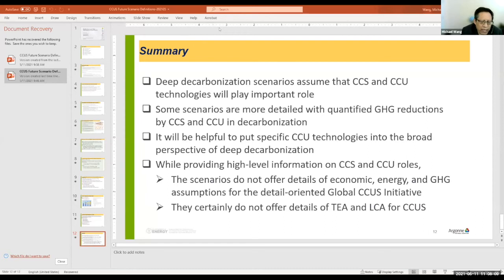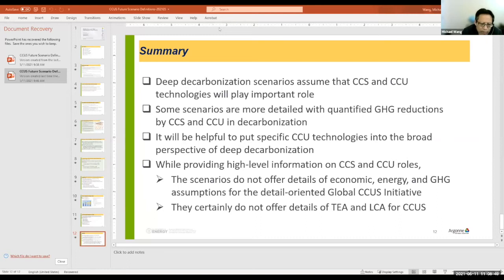But on the other hand, if we look at some of the IPCC scenarios and even the shale scenario, it has a very high penetration of renewable energy. So let's say in the future, if we're going to move into a significant share of renewable energy supply, and fossil energy supply is going to phase down, or in some scenarios phase out, you're not going to have CO2 sources for sequestration.